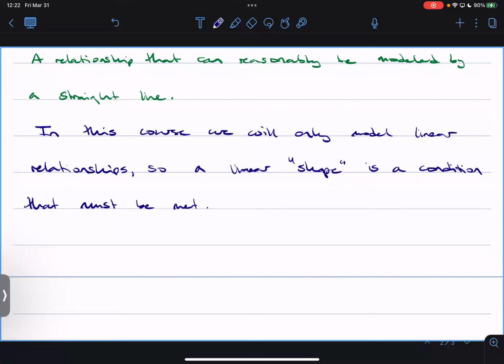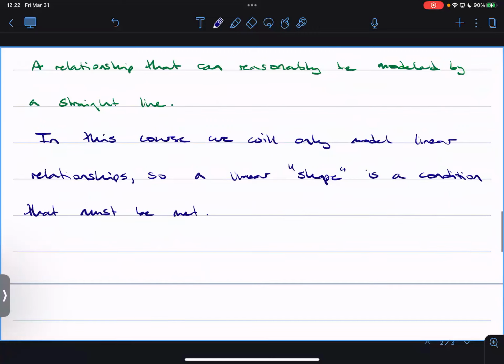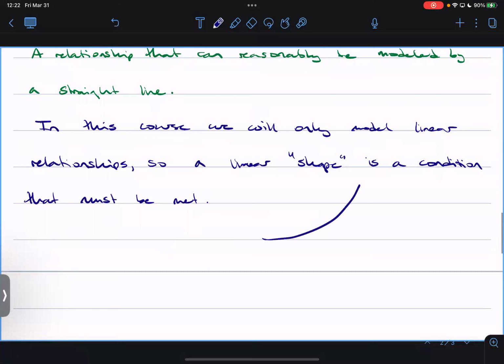Okay. The reason we start with linear regression is because even if you do find that you have something that looks, you know, something like this, right? Then what we do is we do a transformation. So you can transform your Y usually. And it turns into a straight line, right?